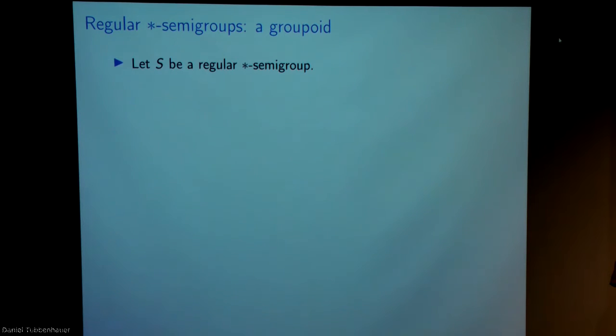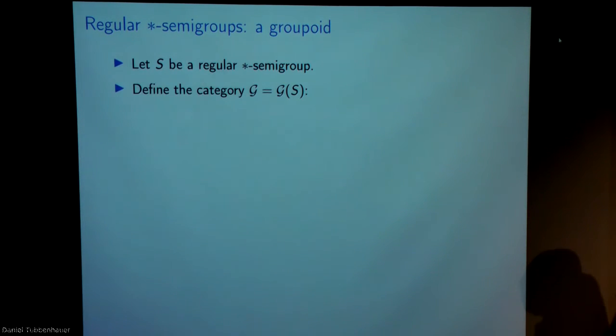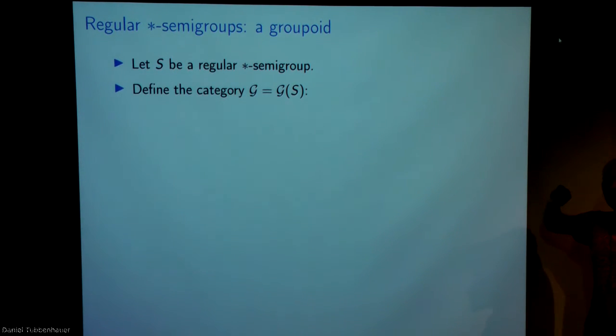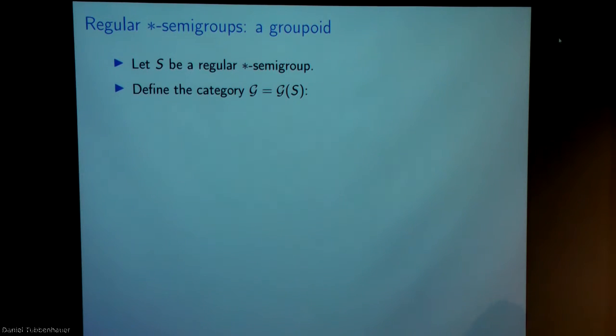This is exactly the same page as before with inverse semigroups, because it turns out that the laws you need to define the groupoid coming from an inverse semigroup don't include needing idempotents to commute. We take the morphisms of that category to just be the elements of the semigroup.